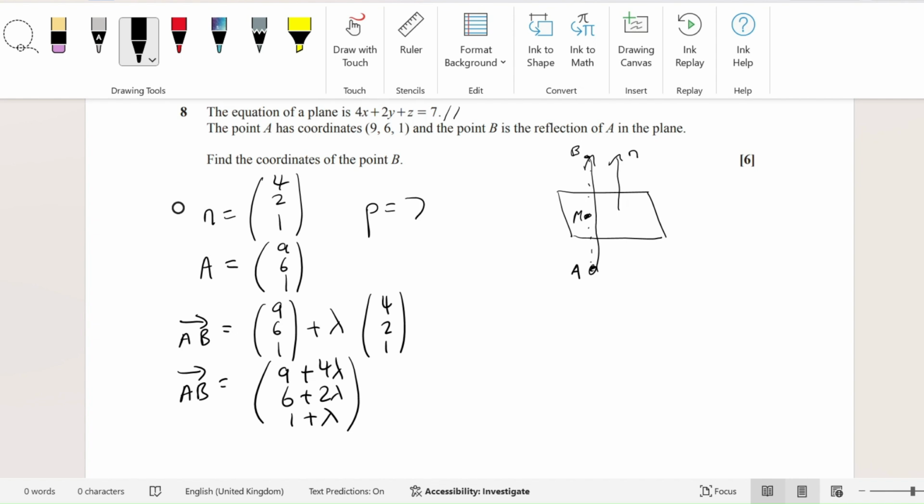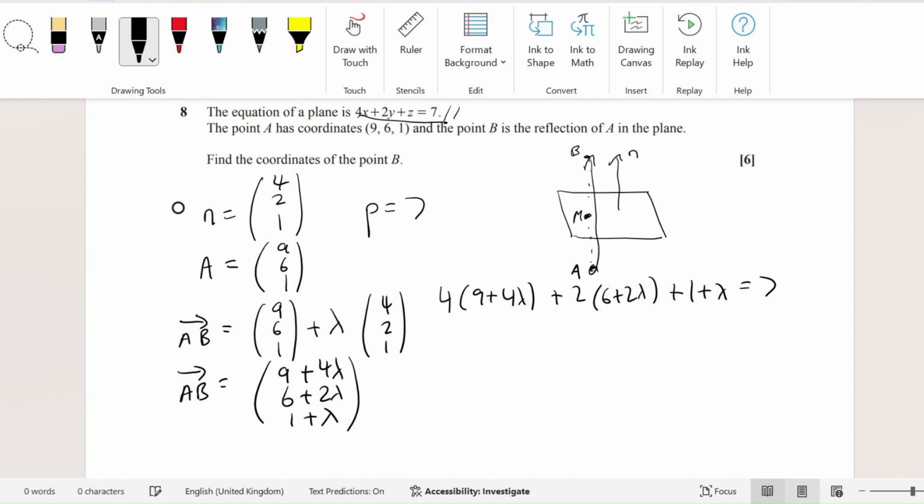And now if we use these x, y, and z coordinates and plug them into the original equation that we were given at the top, then we can use that to find the point where AB intersects with the plane. So if we do that, we get 4(9 plus 4 lambda) plus 2(6 plus 2 lambda) plus (1 plus lambda) equals 7.